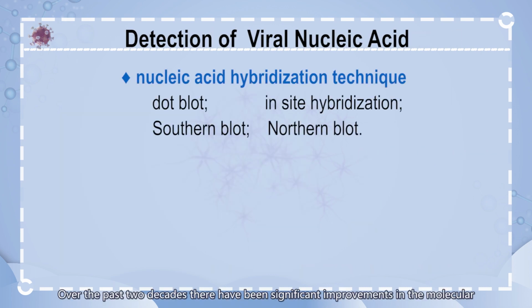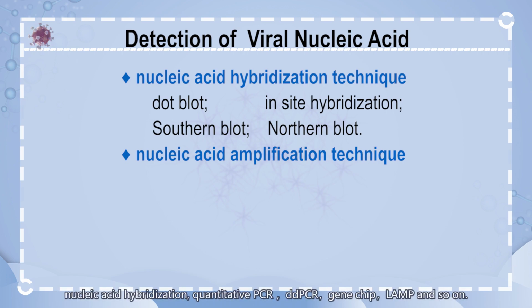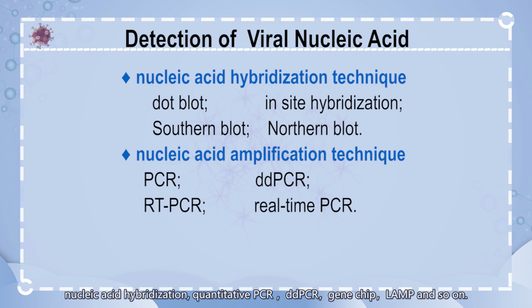Over the past 2 decades, there have been significant improvements in the molecular methods used to quantify viral nucleic acid in clinical specimens. As for nucleic acid detection, there are several methods, including gene sequencing, nucleic acid hybridization, quantitative PCR, ddPCR, gene chip, LAMP, and so on.